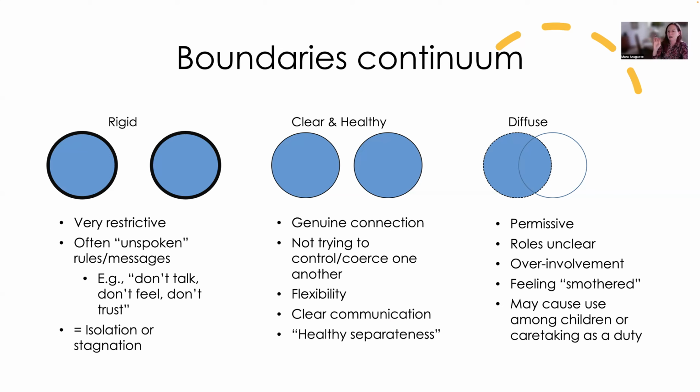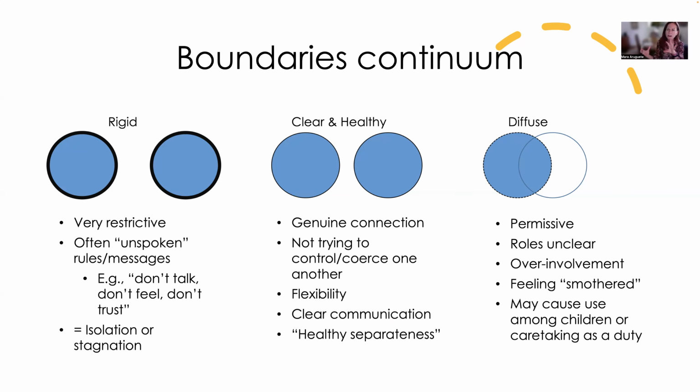And then finally, there are the diffuse boundaries, where there's quite a bit of overlap in boundaries between the roles of family members. It's very permissive. The roles are very unclear. So, for example, though I'm a child in my family, I might sometimes have to serve as a parent, and the parent might act like a child.